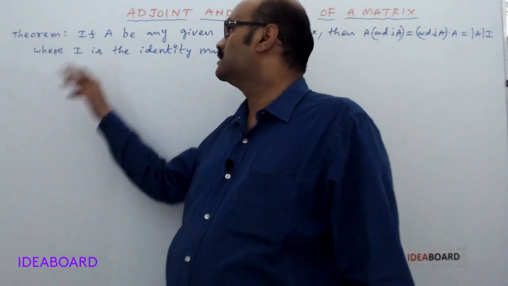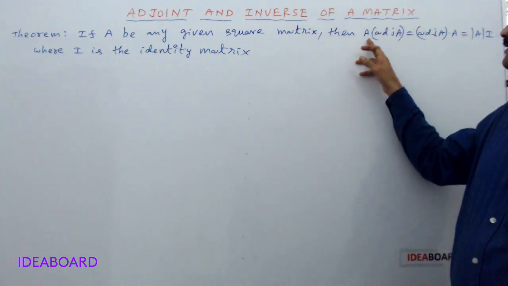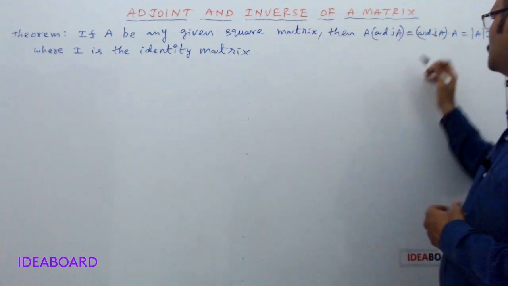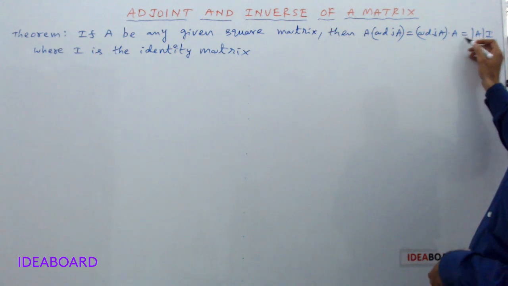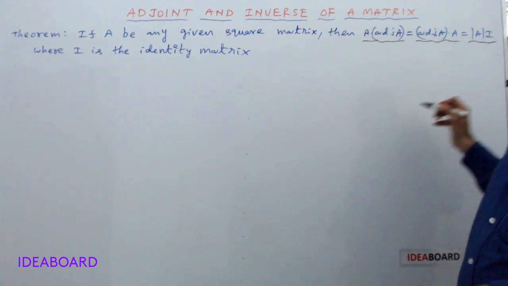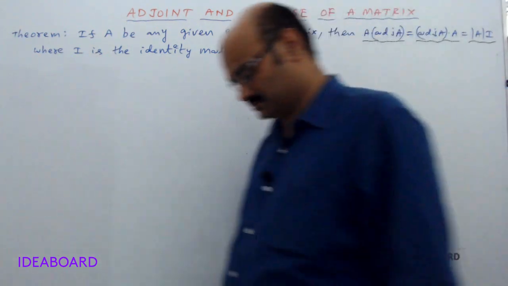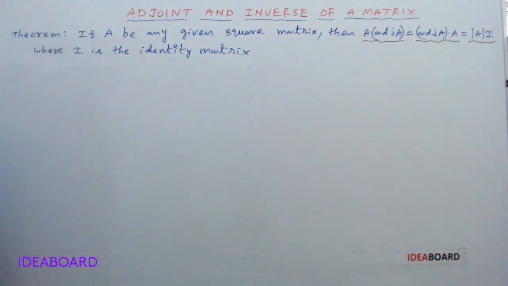Theorem: if A is any given square matrix, then A into adjoint of A equals adjoint of A into A equals det A into I, where I is the identity matrix. Now to prove this, we take the matrix here.